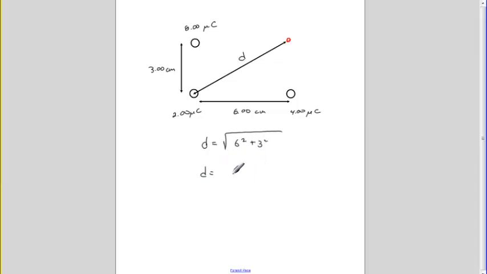That's 36 plus 9, which is 45. So we have the square root of 45. 9 times 5 is 45, so it's equal to 3 times the square root of 5. So that's the distance, in centimeters.